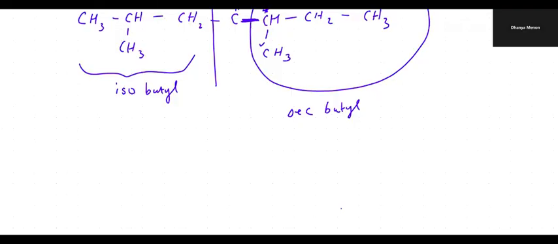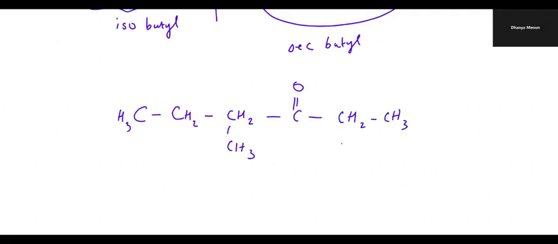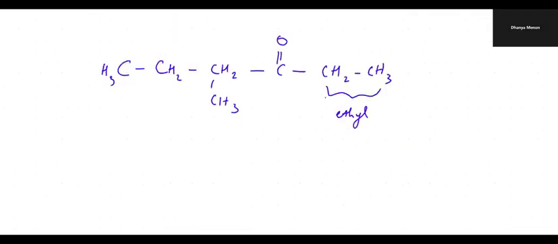Similarly, if I have carbon, okay, this is an ethyl group. I'm talking about the common name just to make you identify secondary, iso, etc. In this case, this is the first carbon connected to the main chain, right?